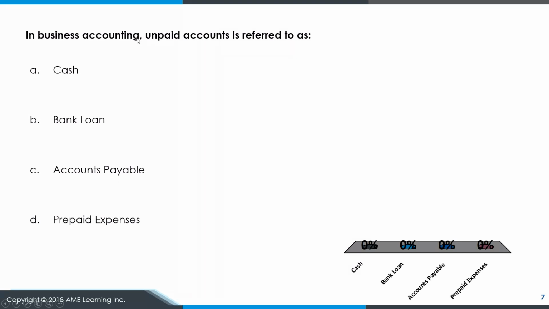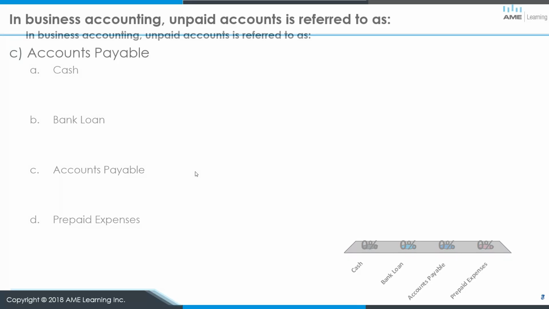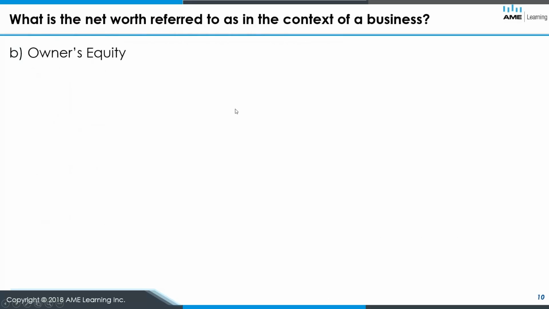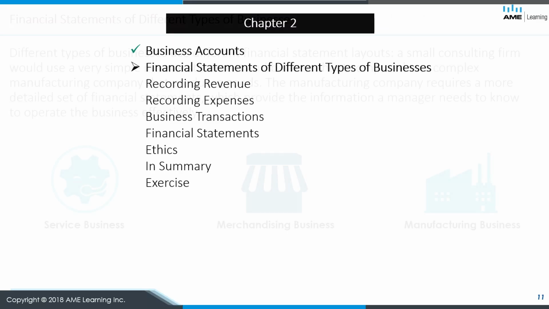So we're not really going to see this unpaid accounts terminology anymore, but instead we'll see this liability of accounts payable for businesses. And then again, this one was just talking about owner's equity being comparable to net worth.